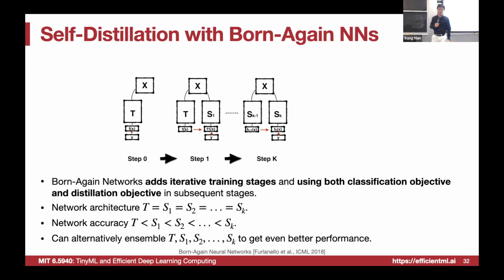So you only have one model, but it has these iterative training stages, using both the classification objective and also the distillation objective in the subsequent stages, where the network just has one architecture, and the accuracy keeps increasing.